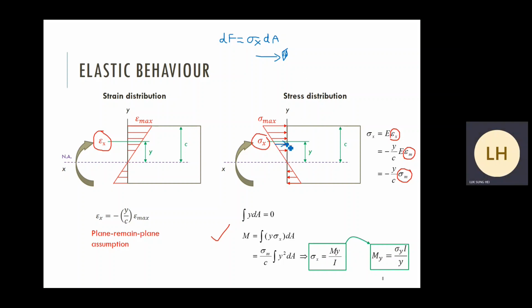How to find a moment? By definition, moment is equal to force times the moment arm. Maybe I use y as the moment arm because this level is, maybe I said, equal to y above the neutral axis. This is the moment due to the small element under consideration. Then what about the overall moment for the whole section?